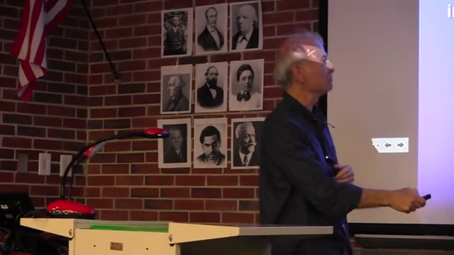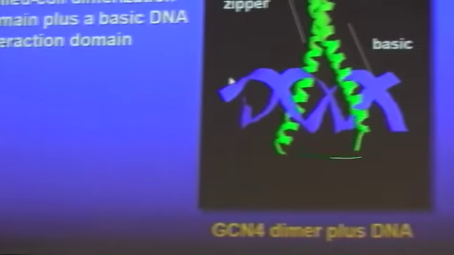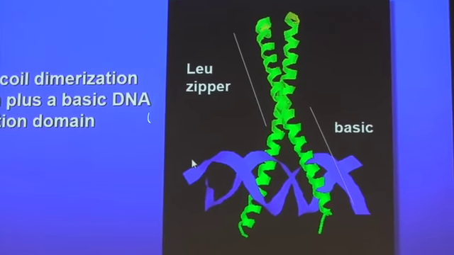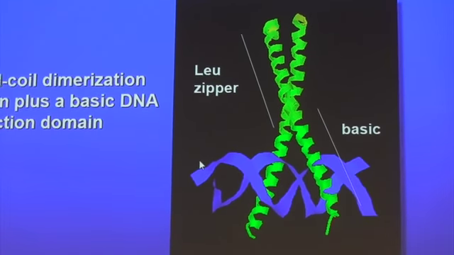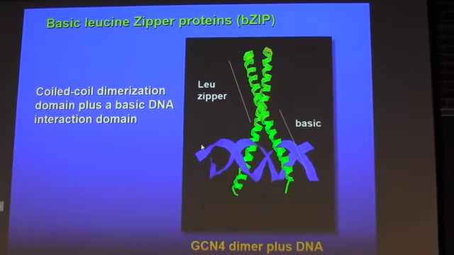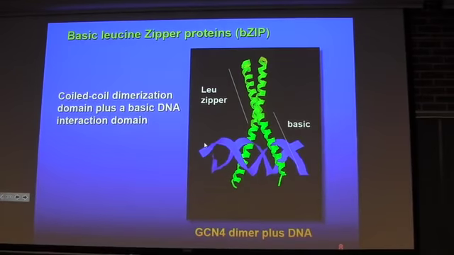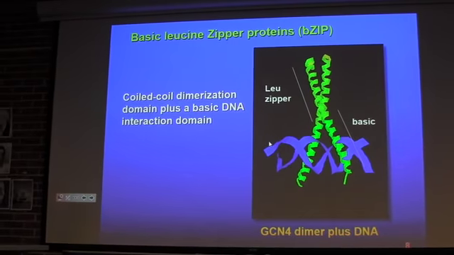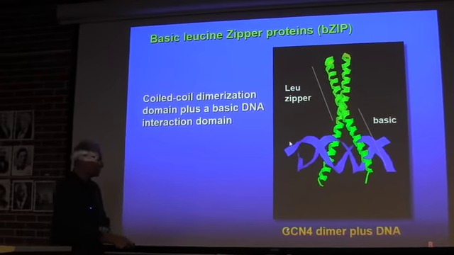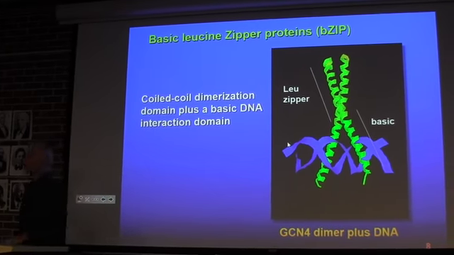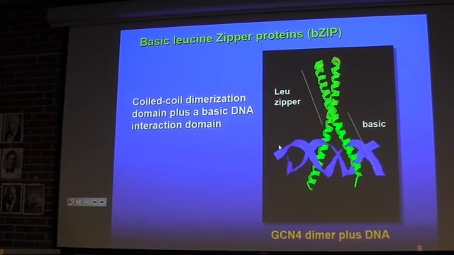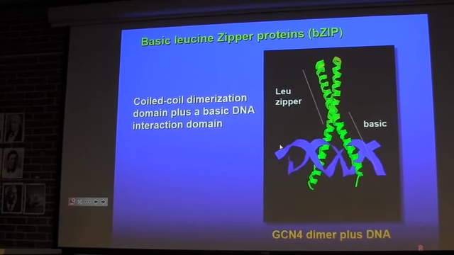So this is called a basic region for this DNA binding portion, and leucine zipper for the other part of the same helix that's required for forming the dimer. An example of it is our old friend here, GCN4. Key term that's not there yet, I'm going to have to put there.